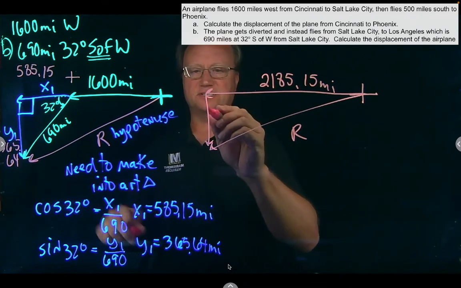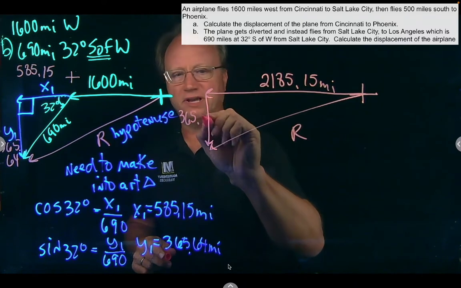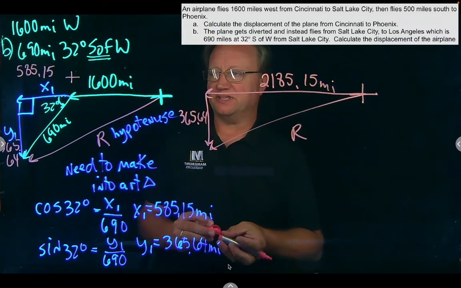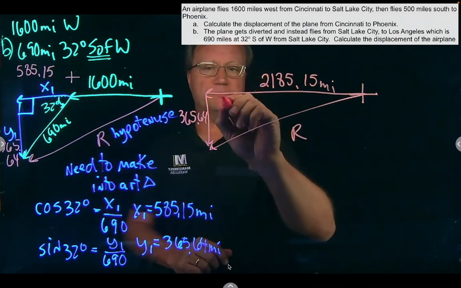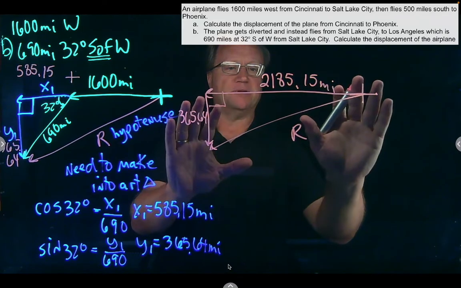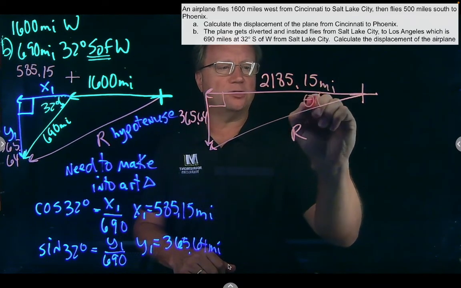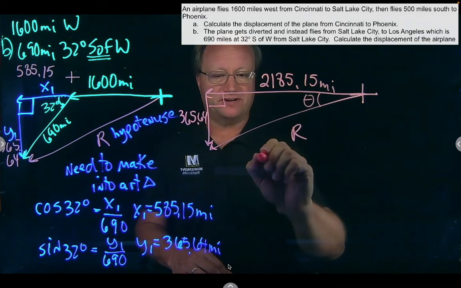This side is going to be the 365.64. Now, we started with something that was not a right triangle, and we did a little bit of trig to make it into a right triangle. So from here, now I can use Pythagorean theorem. The angle I'll need to find there is theta, and I can use trig functions to find that.